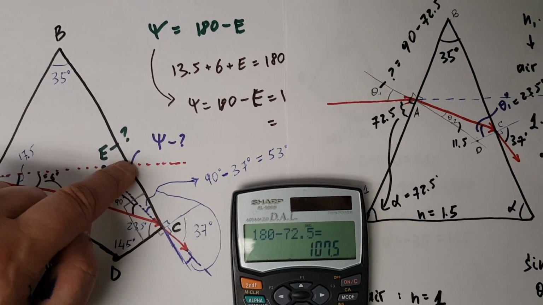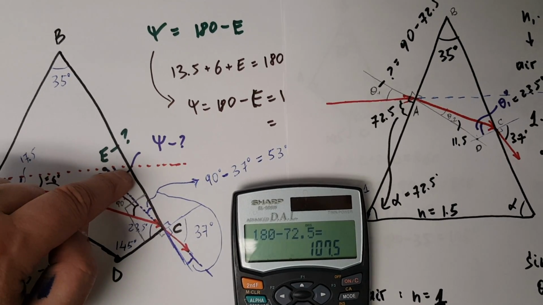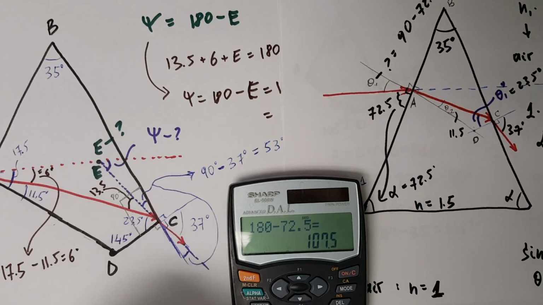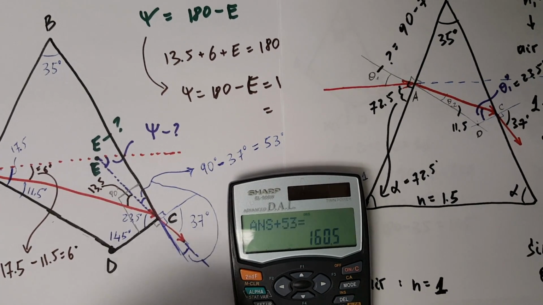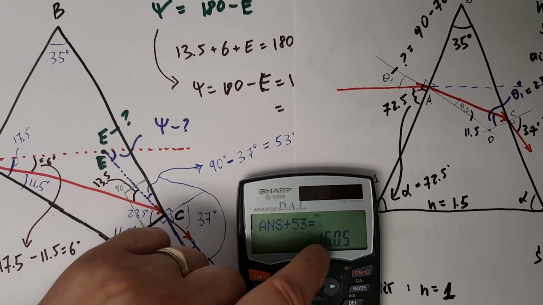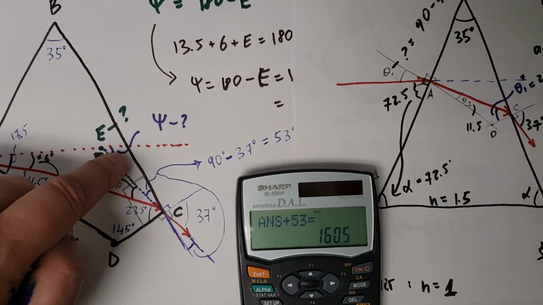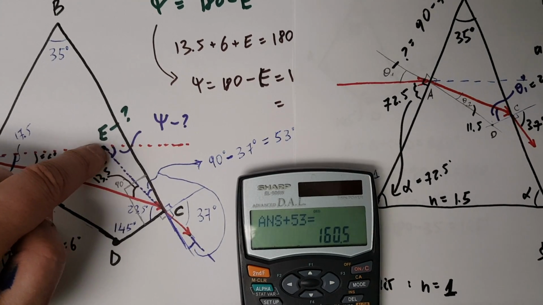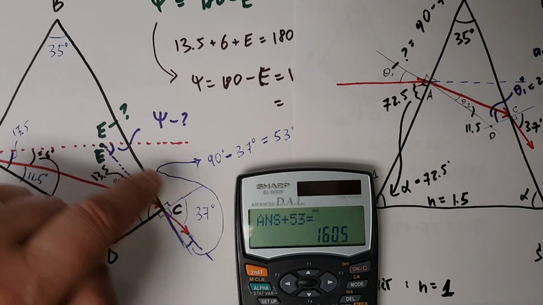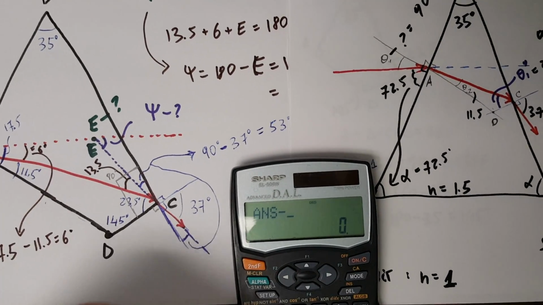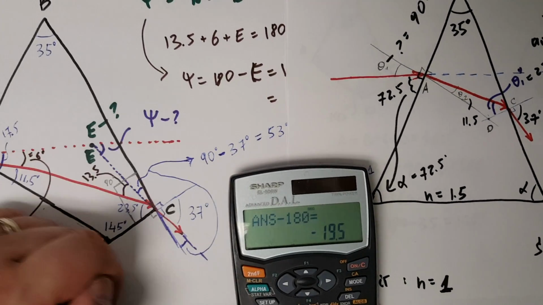So if we look at this triangle, 107.5 and the 53 together equal 160.5. So to get this angle, we need to subtract this number from 180, and that gives 19.5.